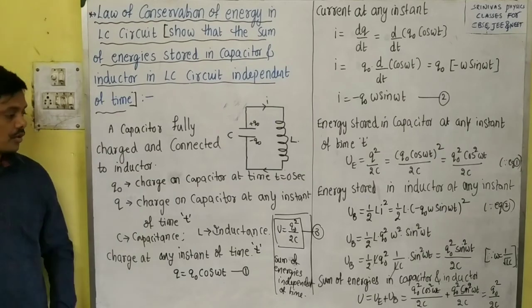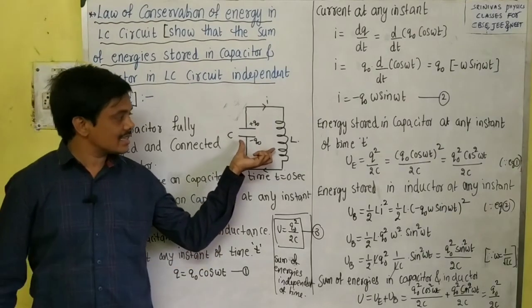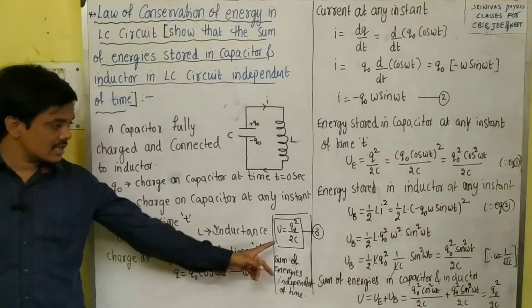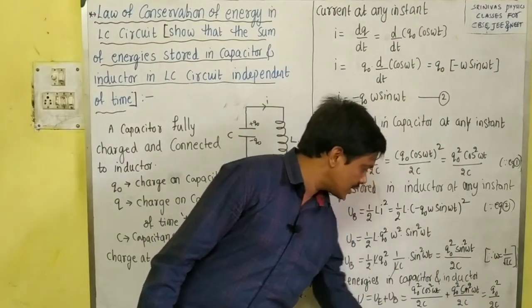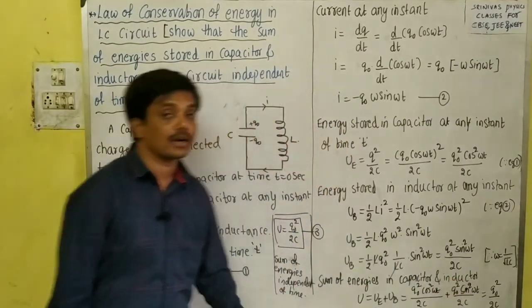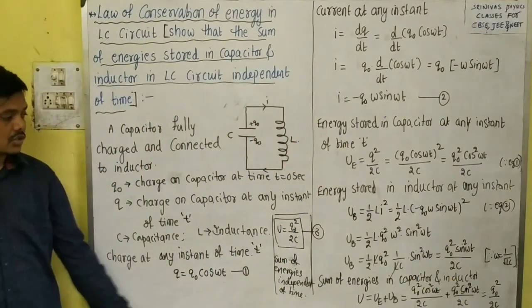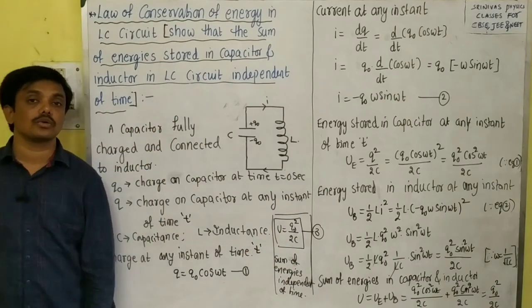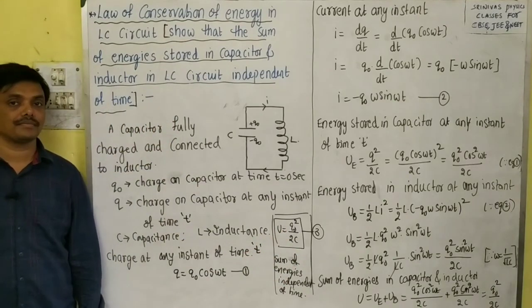We proved that in this circuit, the sum of energy stored in the inductor and capacitor remains constant, because the time term is cancelled, since cos square omega t plus sin square omega t is 1. That's why there is no time term in the sum, and the total energy stored is independent of time. Thank you.